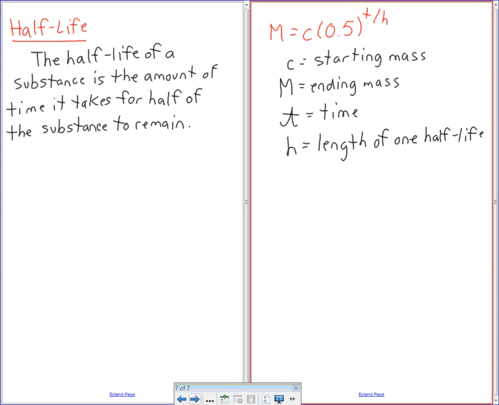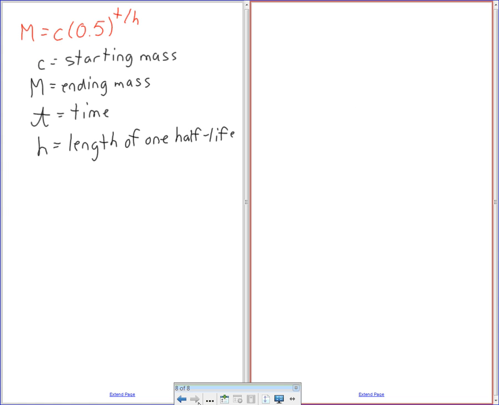Okay. Here we go. Example 1 says, I'm going to fix these examples because this is something I'm not going to do anymore. Caffeine has a half-life of 4 hours.